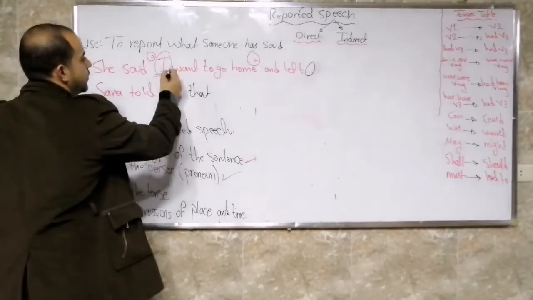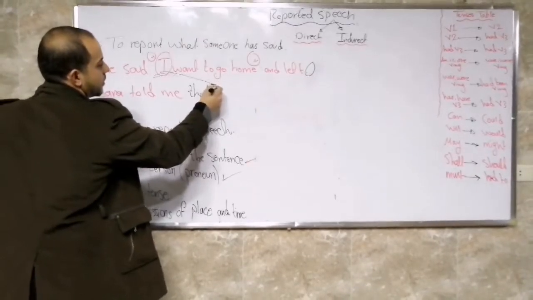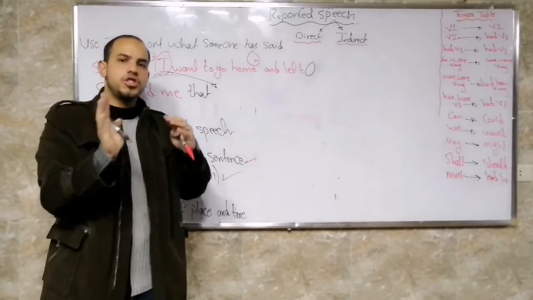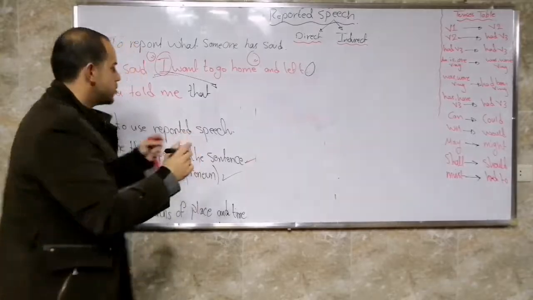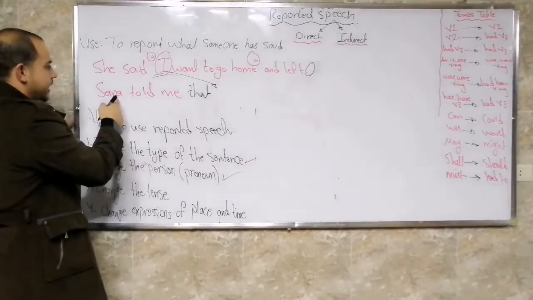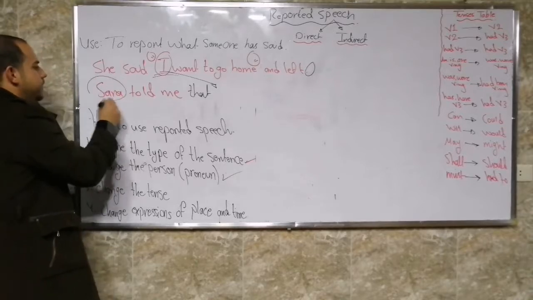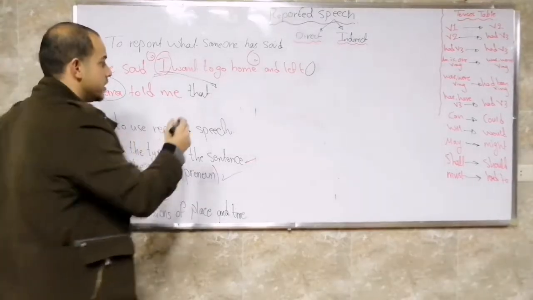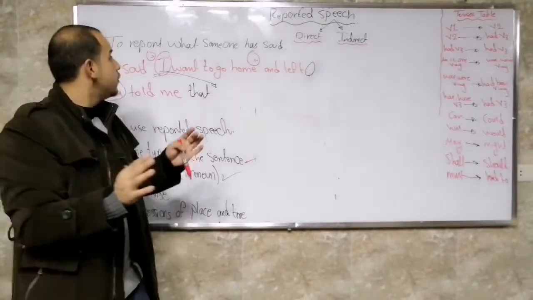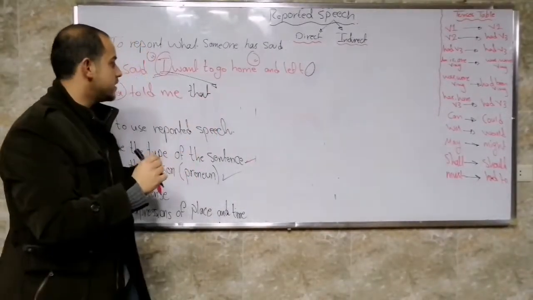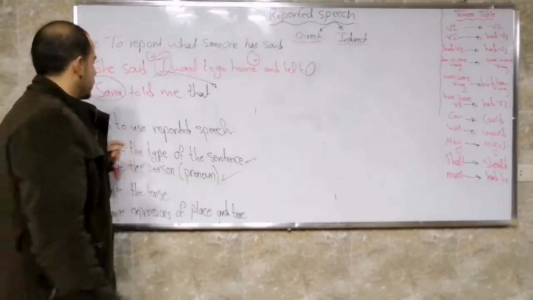Now this is the pronoun. The pronoun I changes to she or he. It depends on the speaker itself. Now the speaker here is female, and that's why we use she. By the way, there is a table for pronouns that you can memorize, and it will be given to you, inshallah.